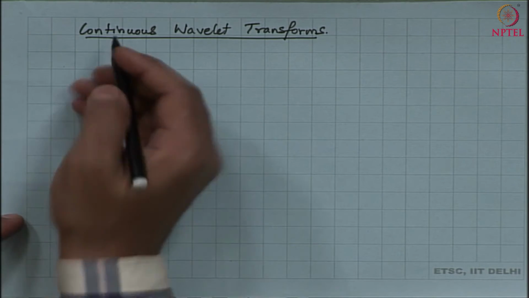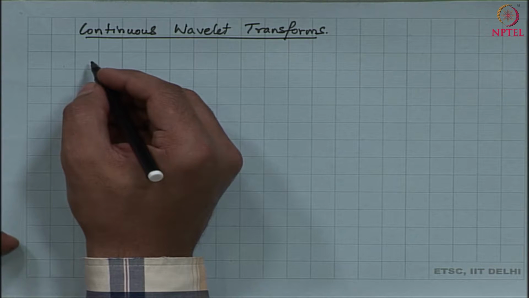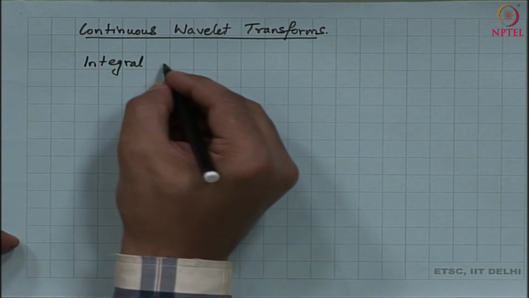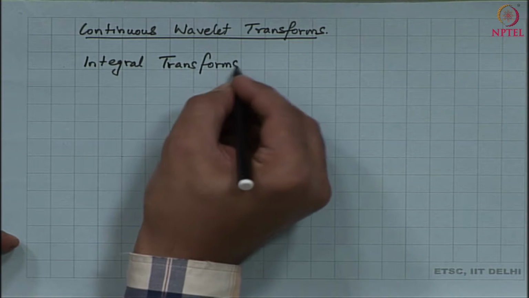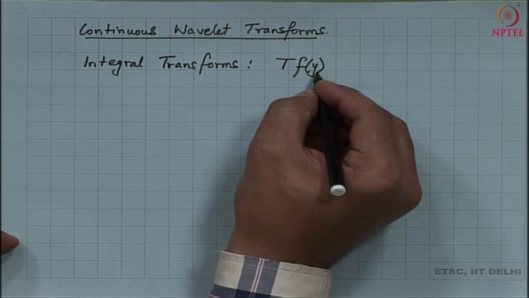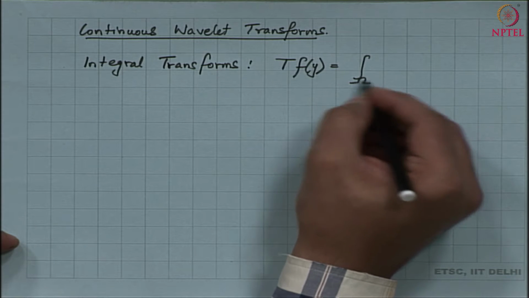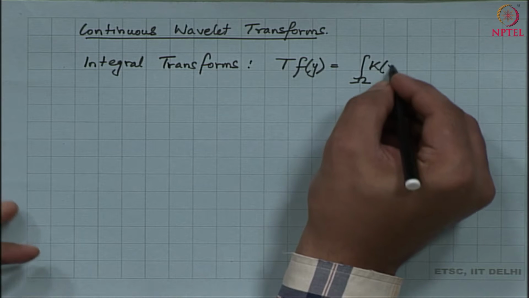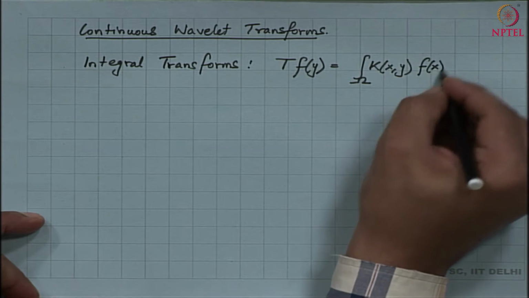So, so far we have seen different types of integral transforms. I have seen that integral transforms are defined by the following operator: T of f at y is defined by an integration over a specified domain of k of x y times f of x dx.